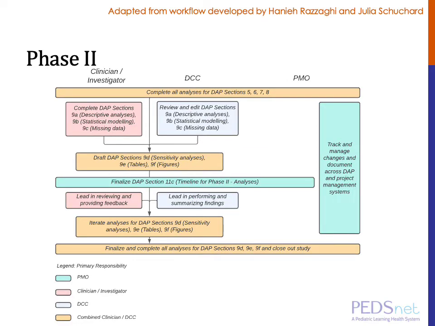For phase 2, which is focused on the study analyses, the investigator would take the lead on specifying the descriptive analyses, the statistical modeling, and the treatment of missing data, whereas the data team would be reviewing and editing this material. Together, the team would draft information about the sensitivity analyses, as well as the tables and the figures.